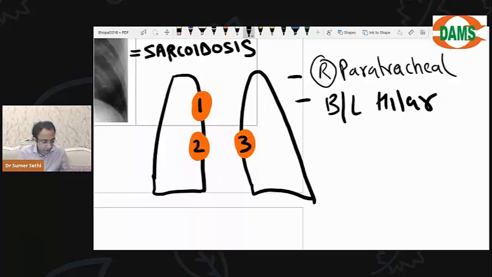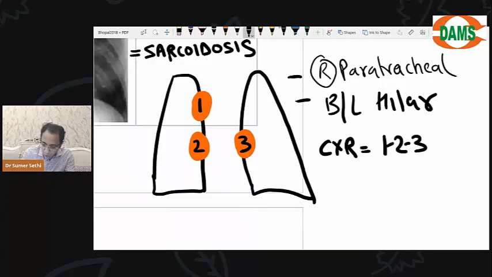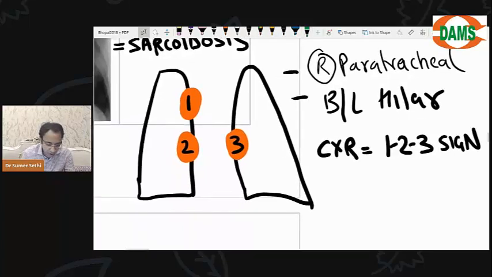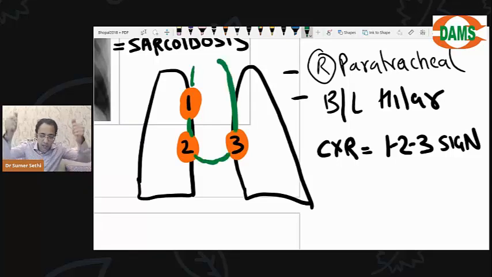Everybody clear? Okay. Now let's see if you can answer. This chest X-ray sign is called the 1, 2, 3 sign. Also called, now imagine if somebody from outside comes to your home, to welcome that person, you will welcome him with a garland.